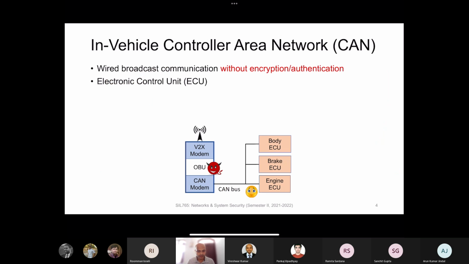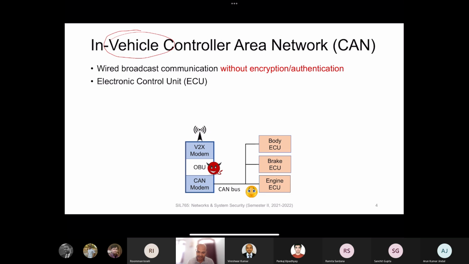Okay, so now we are going to talk about vehicle security, and there we will talk about training set poisoning. So in vehicles, these days the different components of the vehicle, whether it is brakes or steering or doors, everything is controlled electronically.